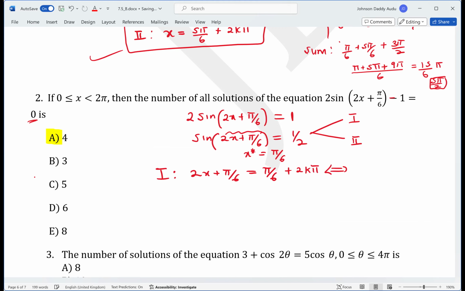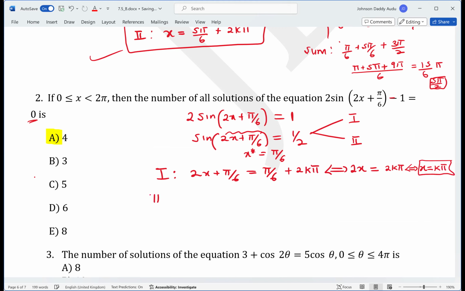This will mean that 2x, what is 2x? Just subtract pi over 6 from both sides. So 2x is just going to be 2k pi. And that means that x is what? Divide both sides by 2. x is just k pi.